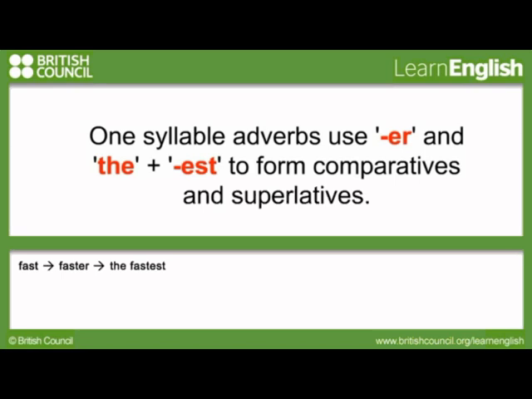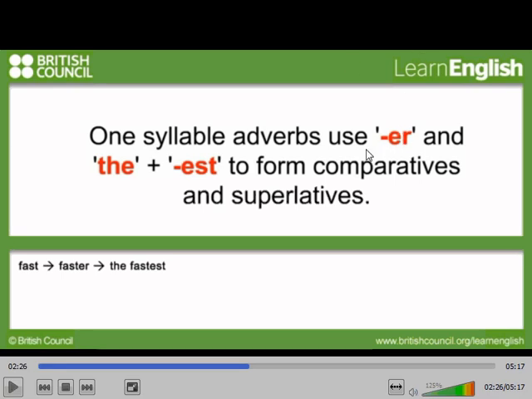I add er to the adjective at the end, and then I put the word than. His car is faster than my car. So I put er plus the word than.